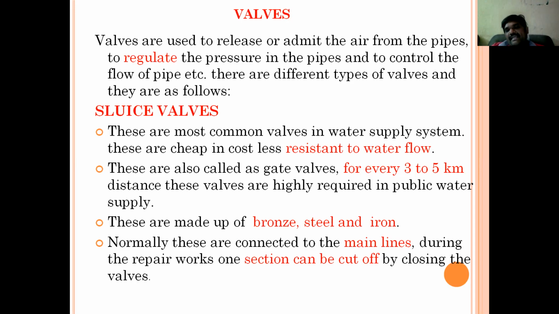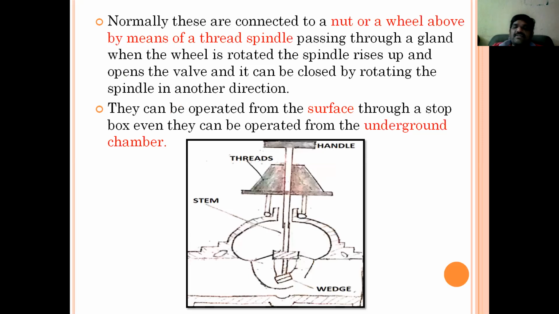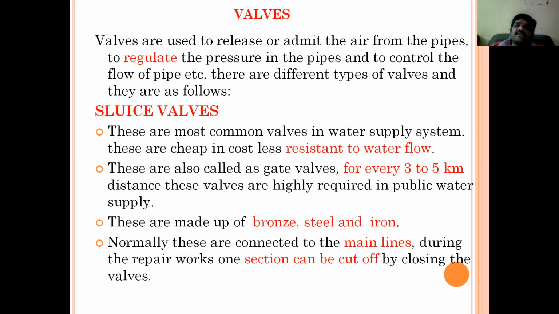Now, the first category, the first valve, is the sluice valve. This is the sluice valve. These are the most common valves in a water supply system. These are cheap in cost and less resistant to water flow, and these are also called gate valves.